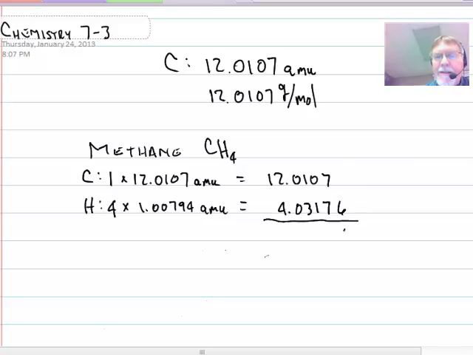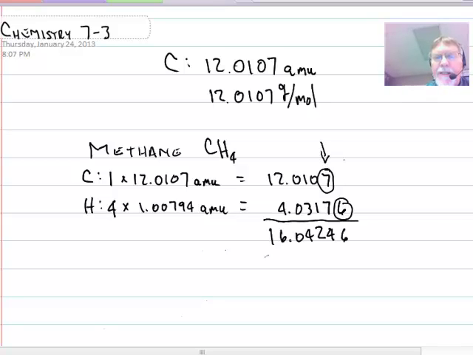So when I add these two together, I get 16.04246. However, because we did addition here, we need to round to the column of the leftmost last significant figure. The last significant figure in this number is the 6. In this number, it's the 7.